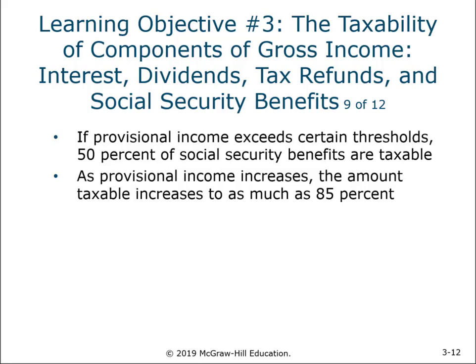So typically that means 50% of the amount over the threshold. But if you go past the second threshold, then you could be as much as 85% of the amount over the threshold, whichever is less.